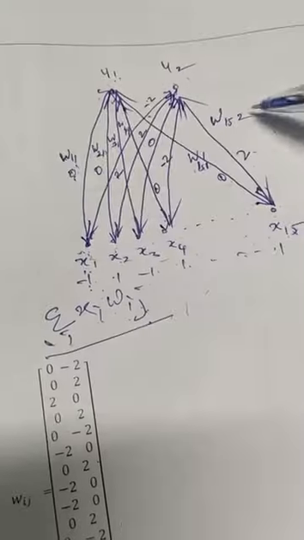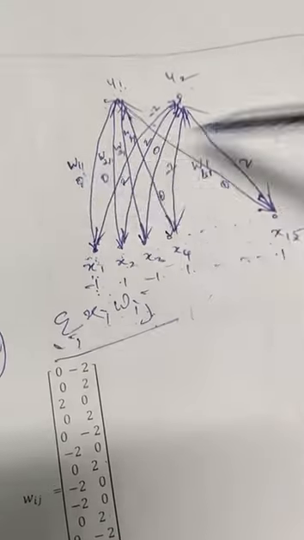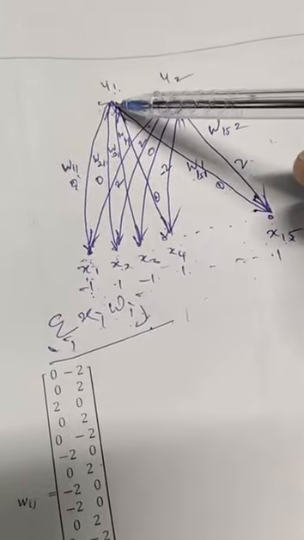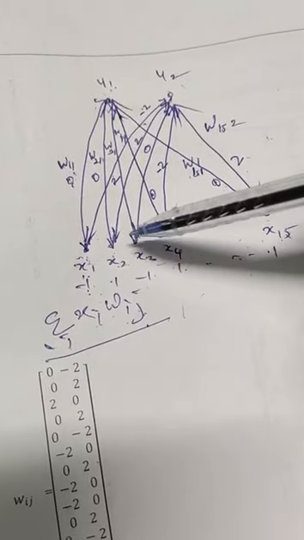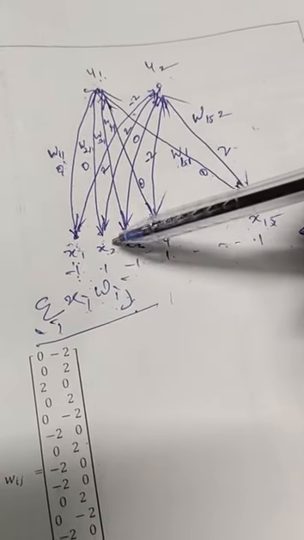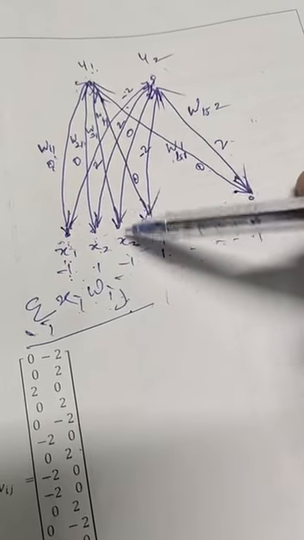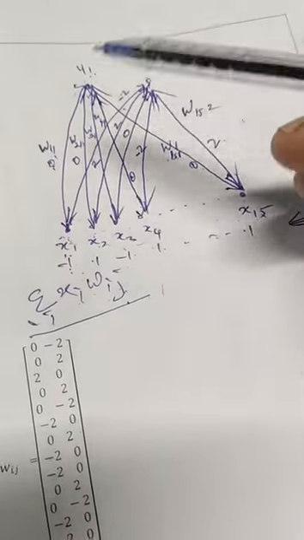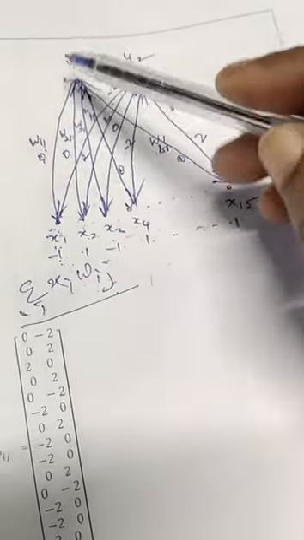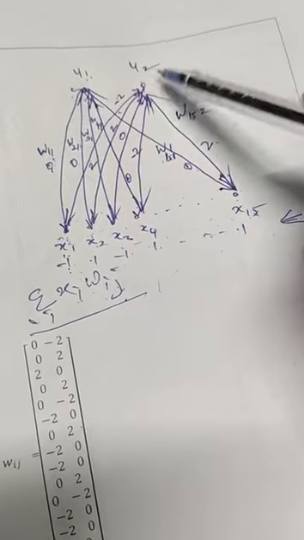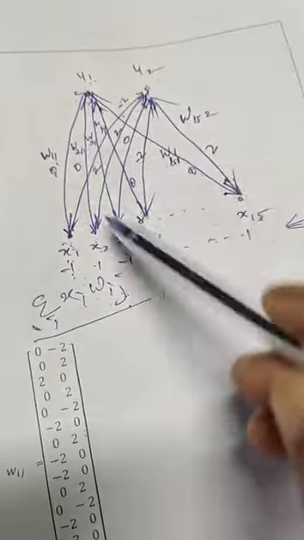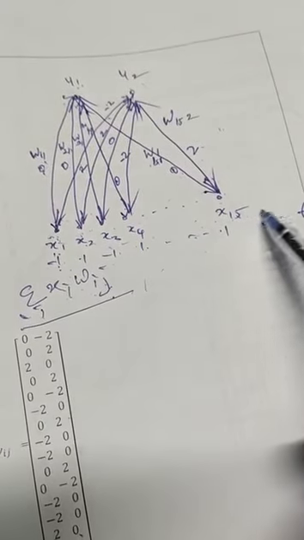The weight matrix we have already arrived at, the same weight matrix you can use. Then you have to compute the net input of the X neurons. After computing the net input, you have to apply the activation function and calculate the output. If you do it that way, if I am applying -1, 1 as an input at the Y layer, I'll be getting character A at the output.